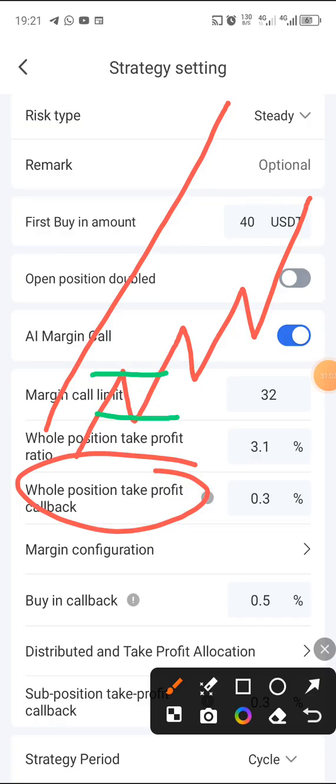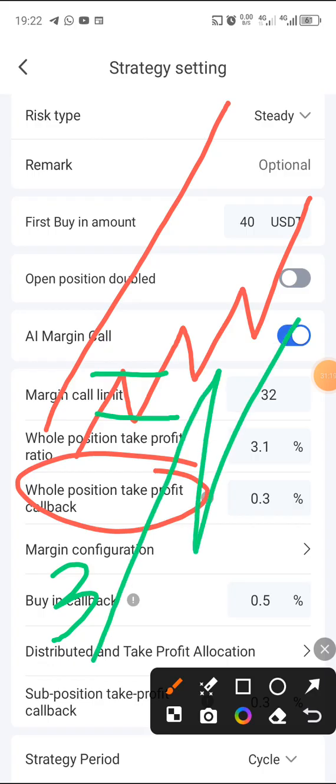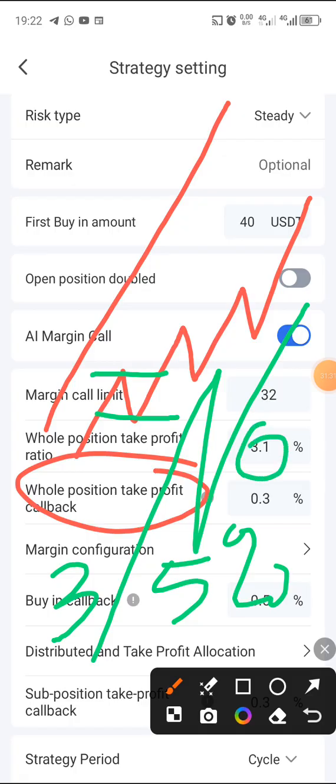Remember, our robot can give you much more than you have asked. Like, you can set your 3% and the market rises up to 5%. Of course, the robot will be giving you your 5% instead of the 3% you set.